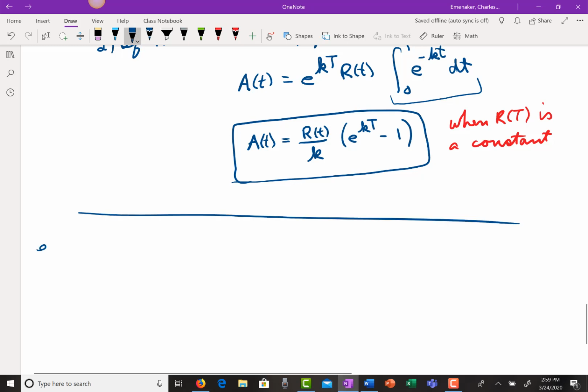Okay, so we've got these two formulas. They give you an example in the book. It's example 2.